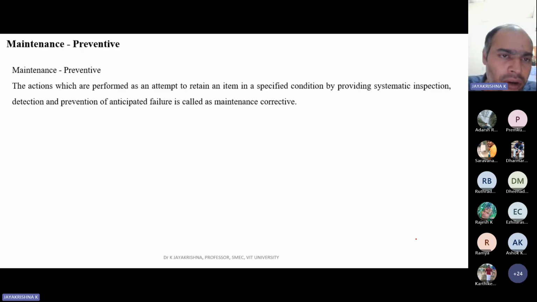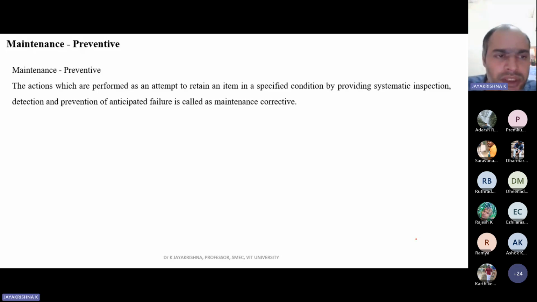Immediately I go to a doctor, get my body diagnosed, and take preventive measures or antibiotics well in advance, so that my body conditions will not deteriorate. If I do something before the failure happens which can prevent me from failing, that is called preventive maintenance.